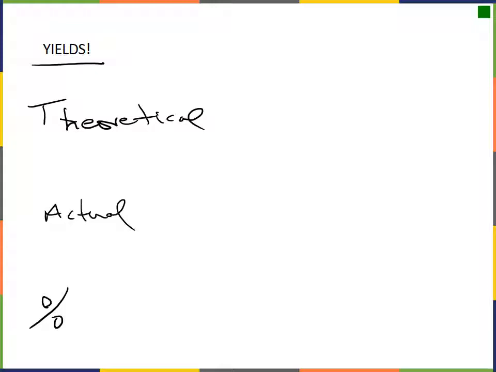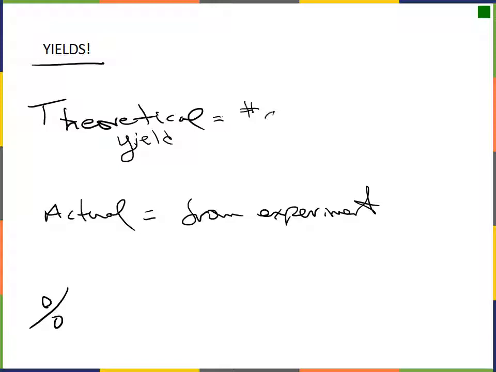Now, actual is if you go to the lab and you do the experiment and you actually collect a sample, how much you make is your actual yield. So this is from experiment. Theoretical is what you should make. So theoretical yield for any reaction is just the number of grams of product you should make.